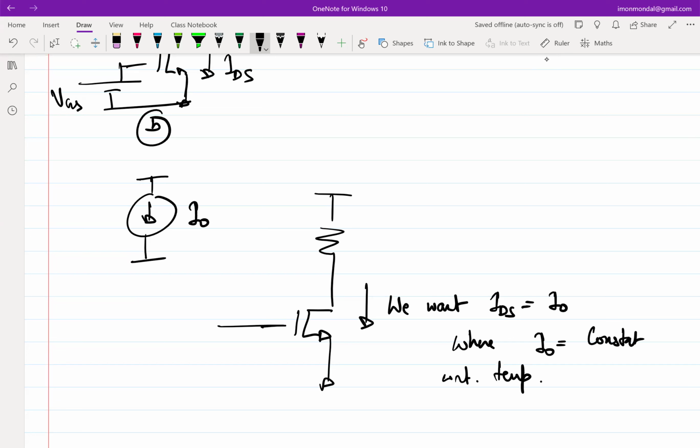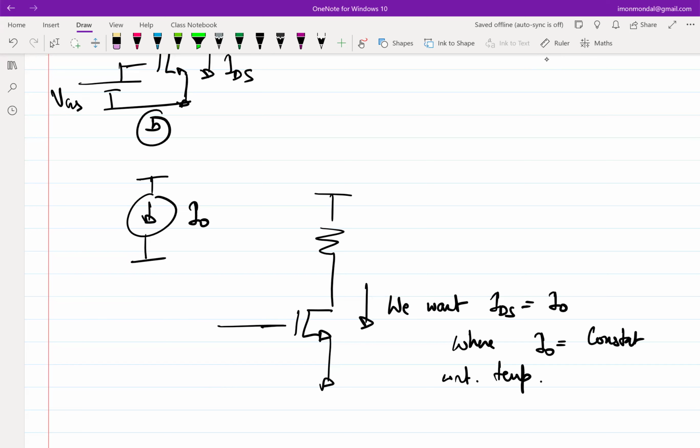Now we know that using this is not a good idea, right? Any change in threshold voltage, your current is going to change. So it's not a constant current source bias. So if that's not the case, what is the other thing to do?